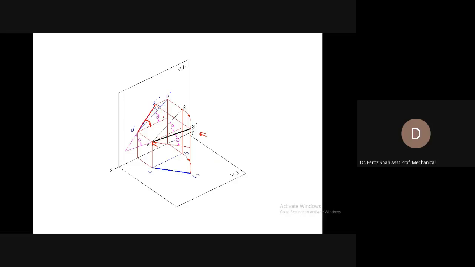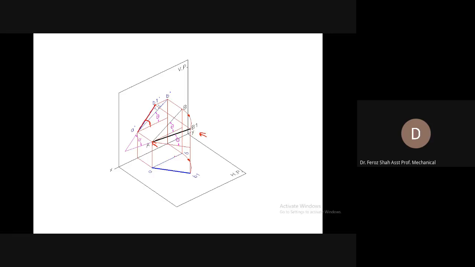As the inclination of the front view is dependent on the inclination with the horizontal plane, you haven't changed that, but you only have changed the inclination with the vertical plane, and its effect on the front view is that the front view would become shorter than the true length, and the apparent angle alpha would be greater than the angle theta. Now, what would happen to the top view?